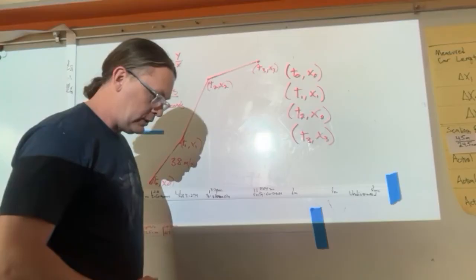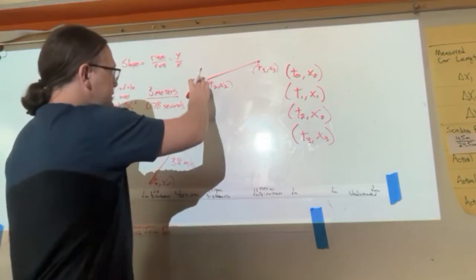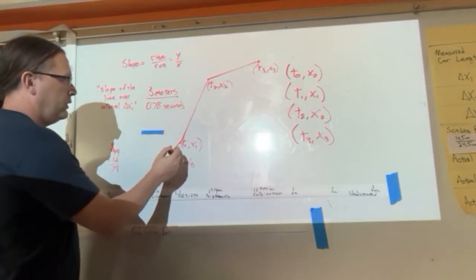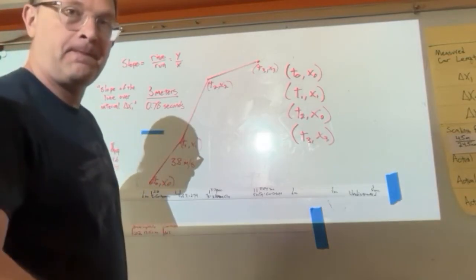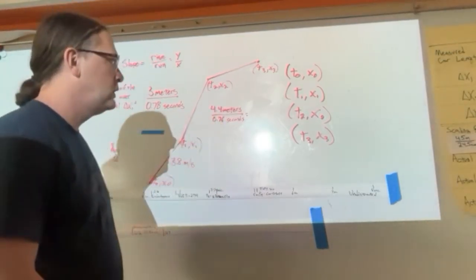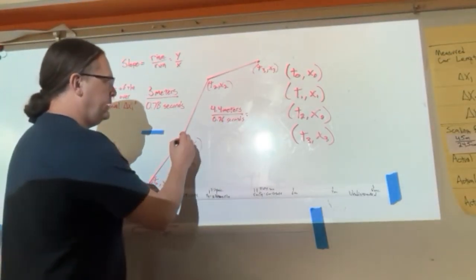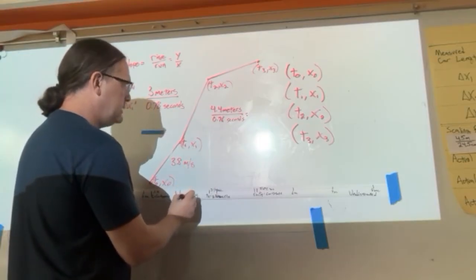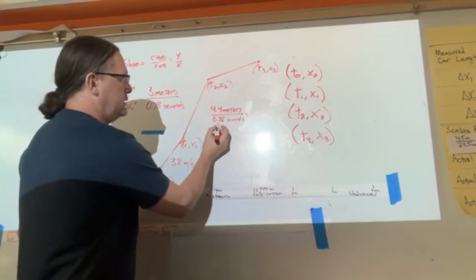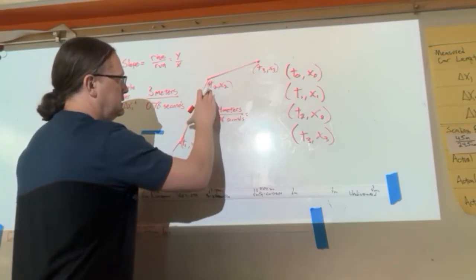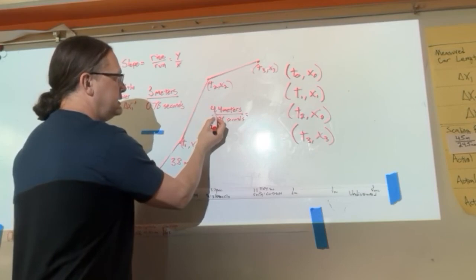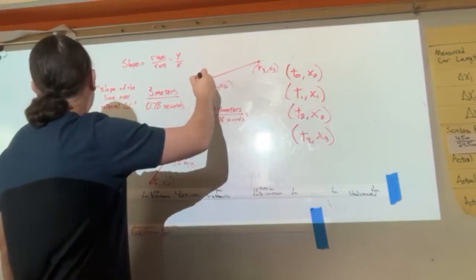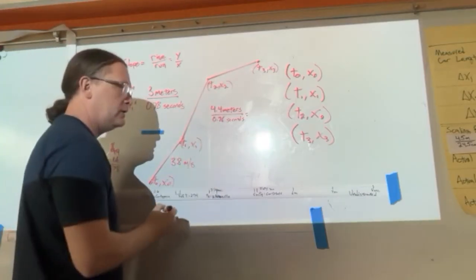Now let's take a closer look at what this slope is telling us. When I calculate the time interval between T1 and T2, it's 0.76 seconds. And the car's distance change along the y-axis is 4.4 meters.